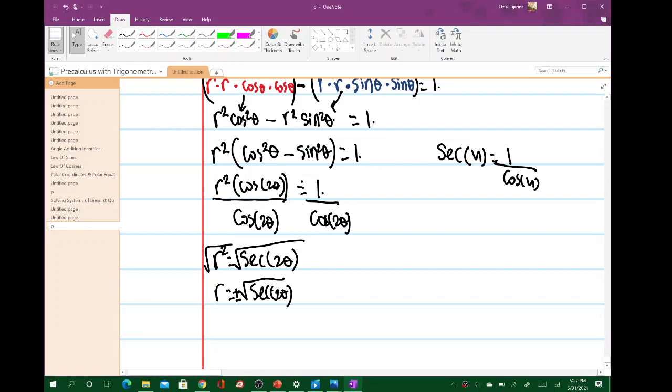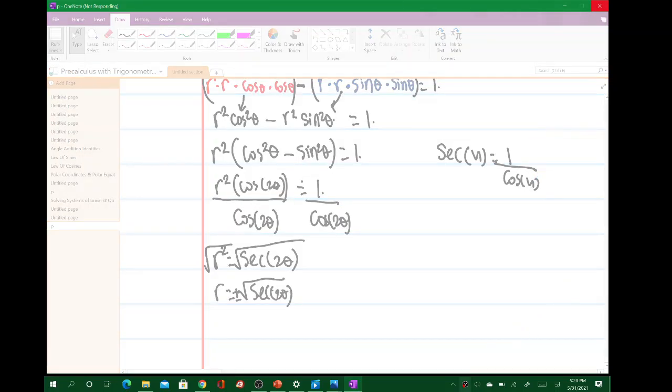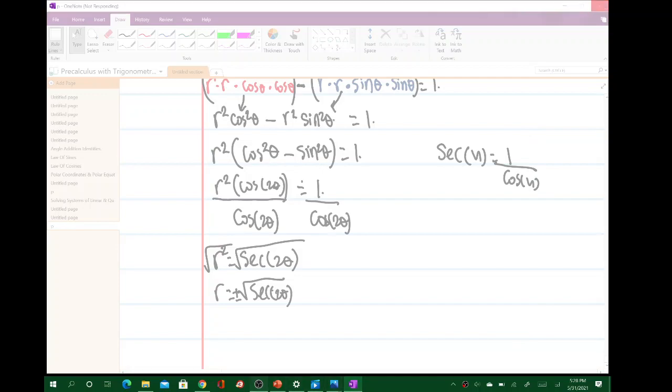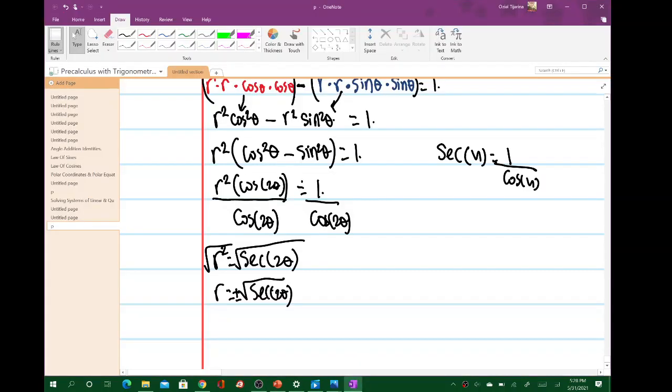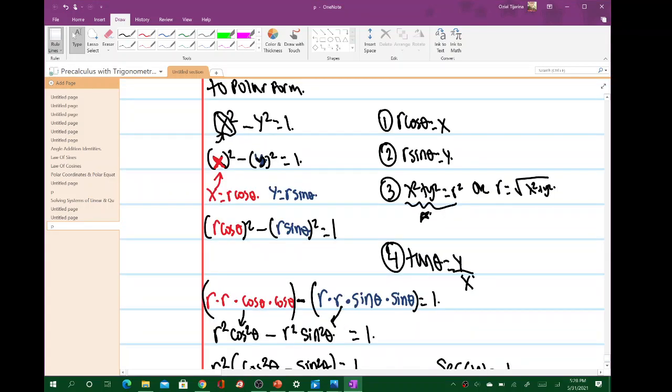Basically you have to know how to use your algebra skills to do this. Okay, so with that being said, guys, I hope this helps. And if anybody has any questions, please let me know. If I didn't do this one right, also please let me know, because I'm not 100% sure if that's how you do this one. I'll have to check very quickly.